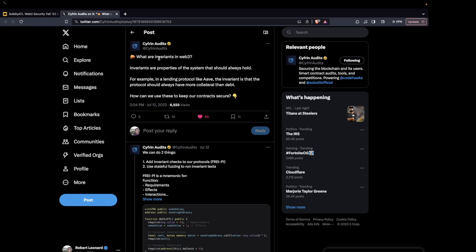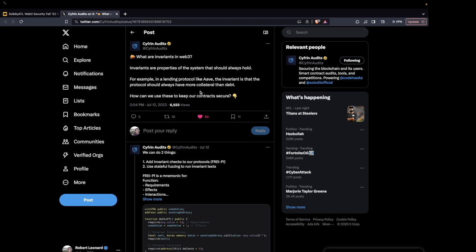So what is an invariant? An invariant is a property of a system that should always hold. For example, in a lending pool like Aave, the invariant is that the protocol should always have more collateral than debt. So that's an example of what an invariant could look like. You can also have other invariants, such as if you have a vault, users should never be able to withdraw more than they put into the vault.